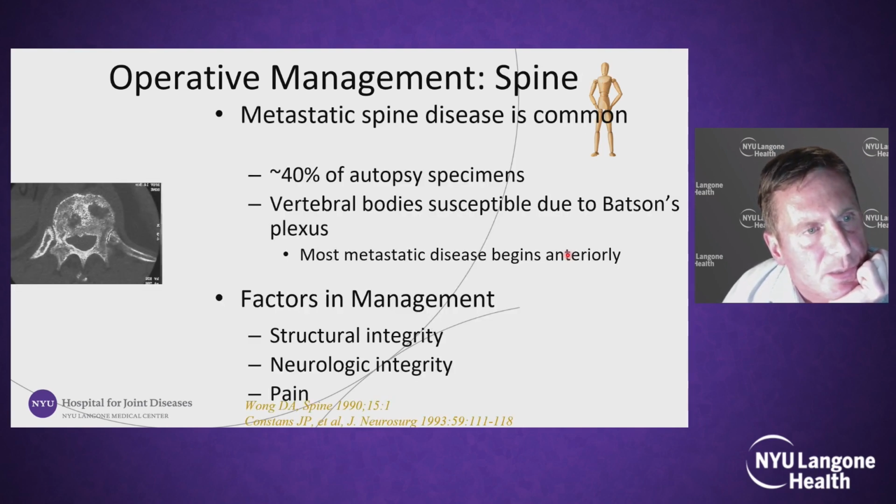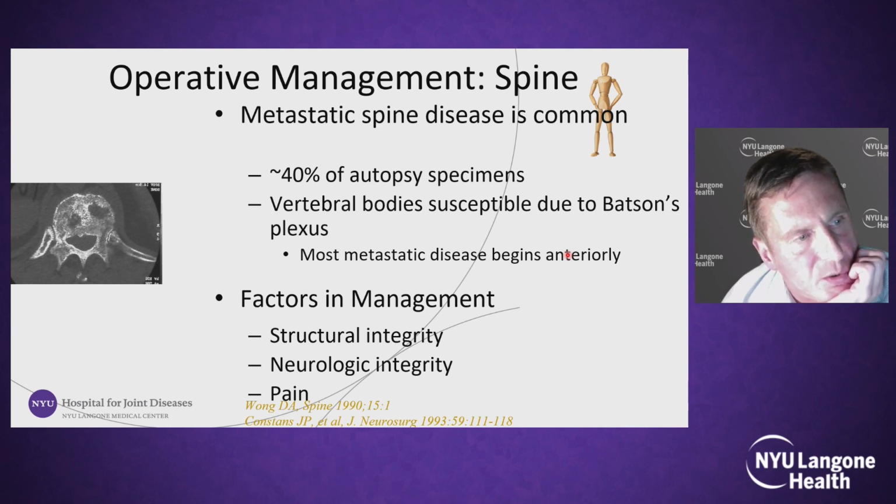I can't get away without talking about spine involvement, because it is very, very common in metastatic disease, although at our institution the neurosurgeons take care of a lot of the metastatic spine disease from a surgical standpoint.